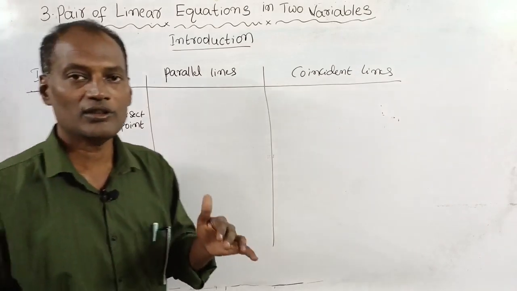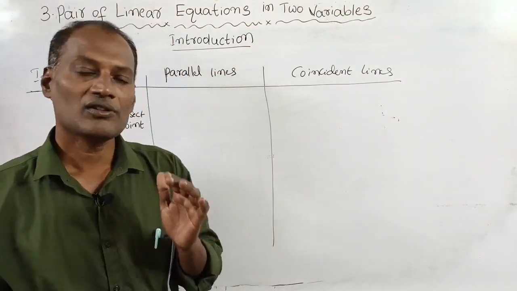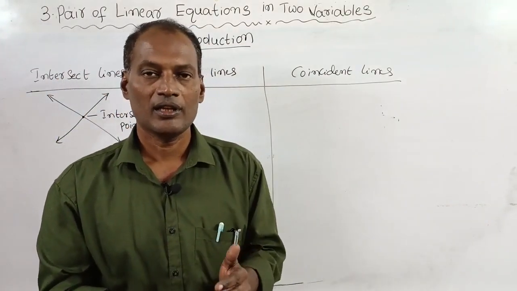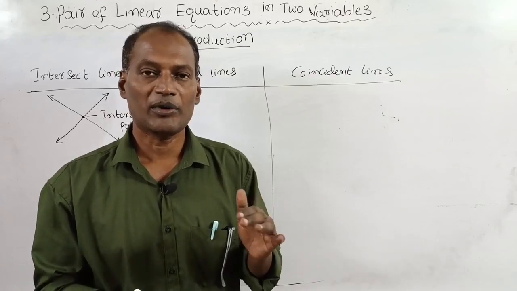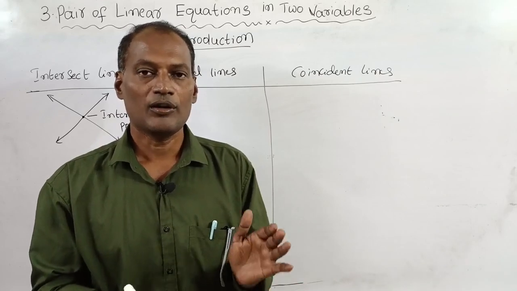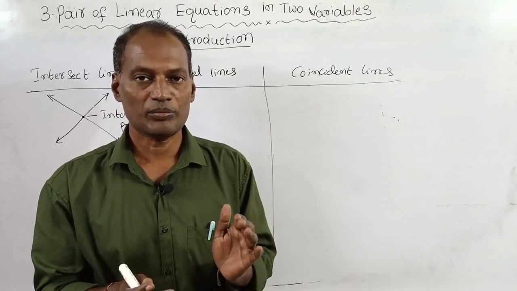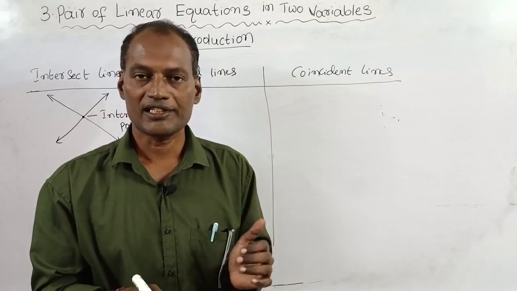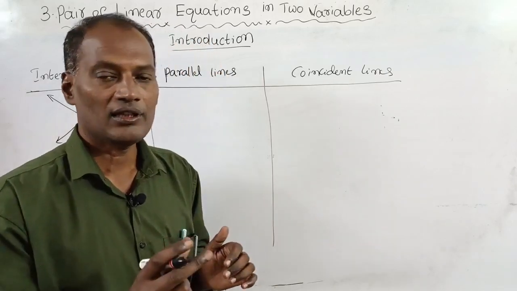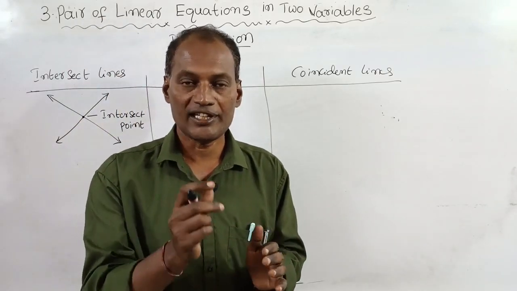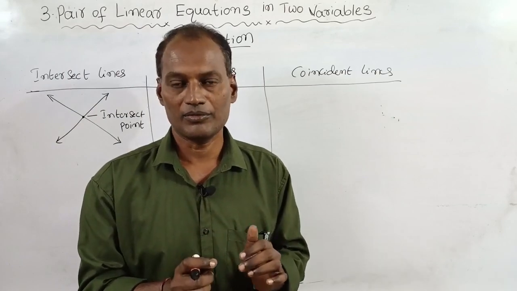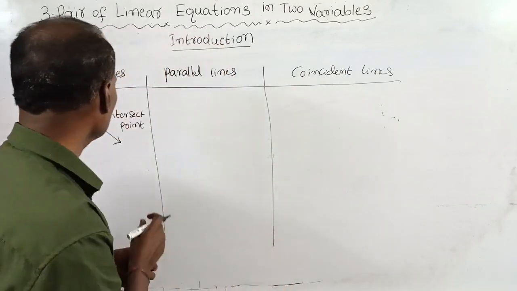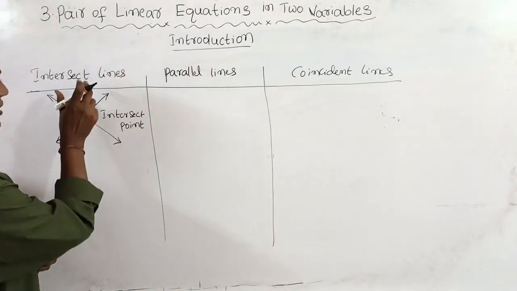One more thing you should remember while solving a question on graph paper: on the right side you solve the question, and on the left side you plot the points on the graph paper. How to plot the points I will explain. This is the intersecting lines case.